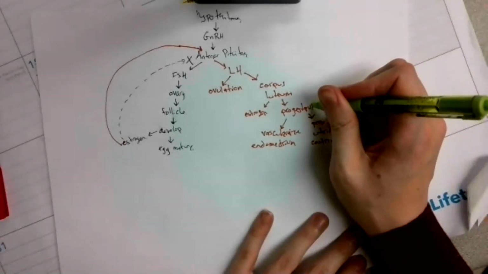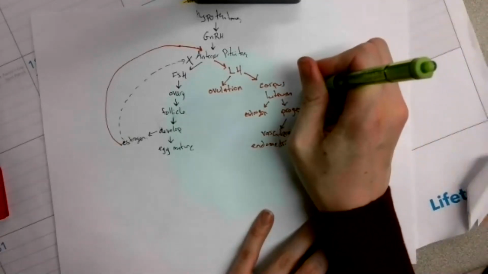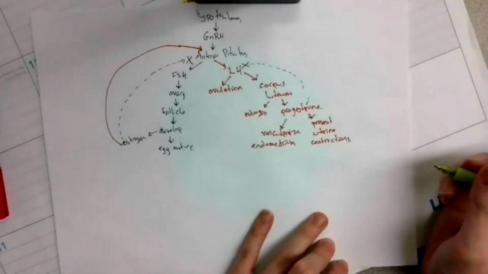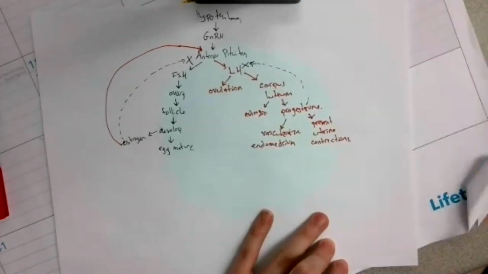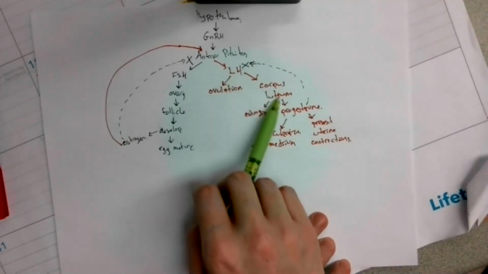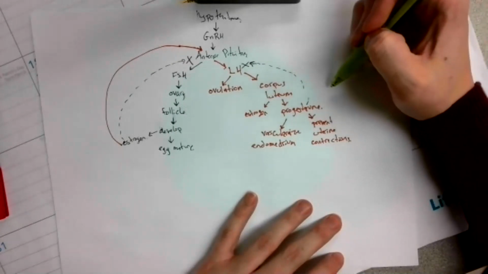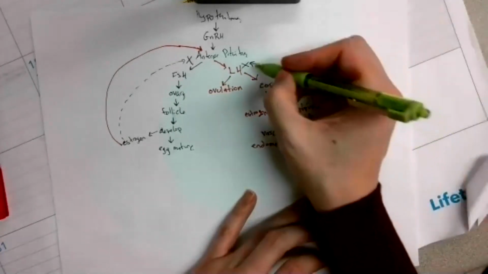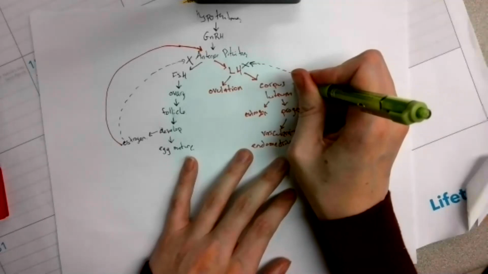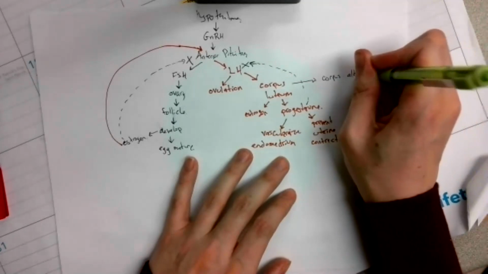That increase in progesterone is then going to go back and cut off the LH. With the LH no longer there, the corpus luteum is going to turn into a corpus albicans. Okay, so once that cutoff happens and there's no more LH, that is when the corpus luteum turns into the corpus albicans.